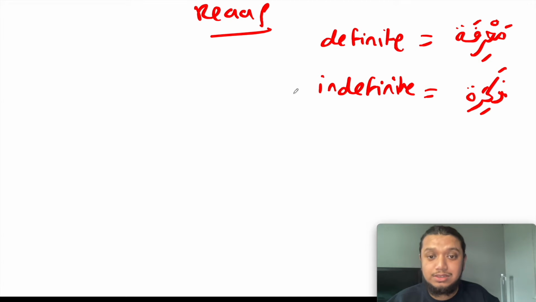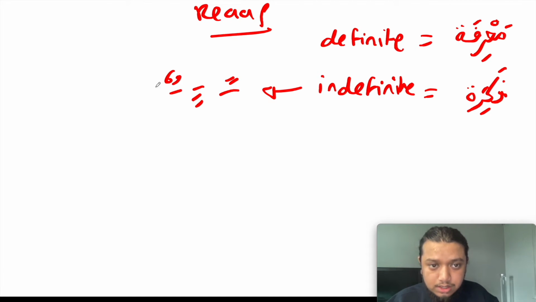In today's lesson, we mentioned that the tanween, which is when you have two fathas, two kasras, or two dhammas, is on a noun. It indicates that the noun is indefinite, and therefore this tanween is generally translated as the letter a or an in English.